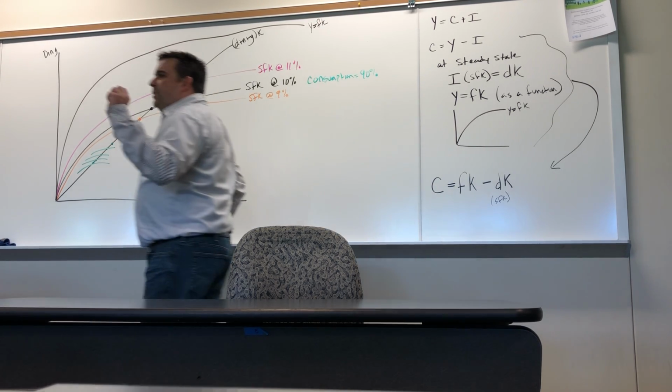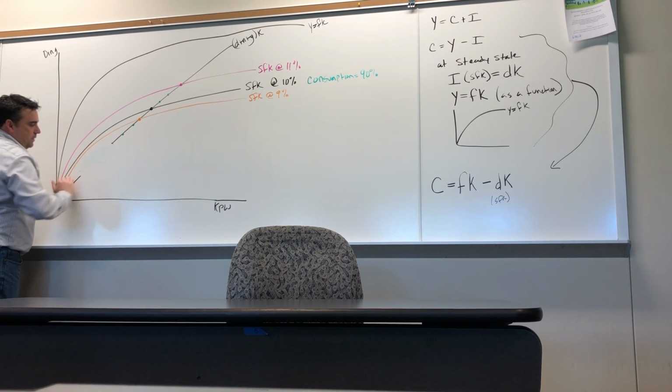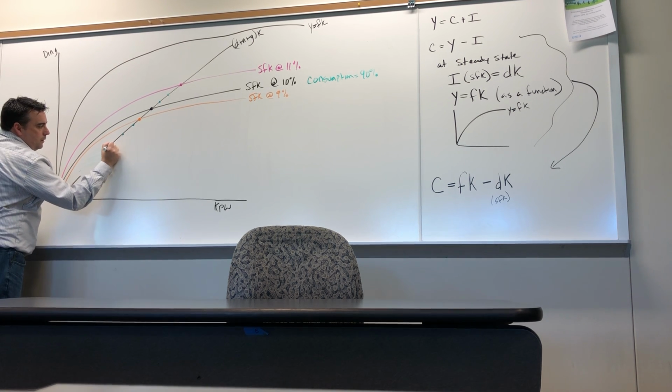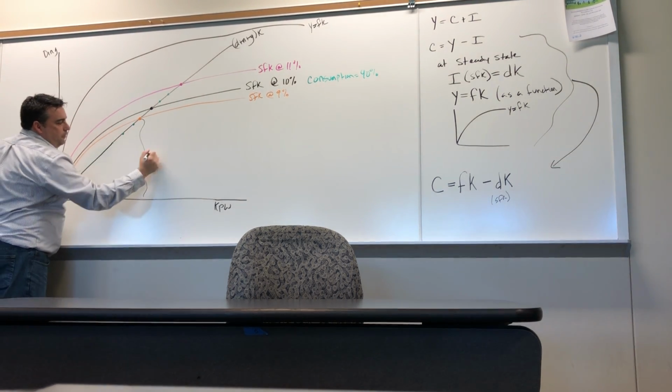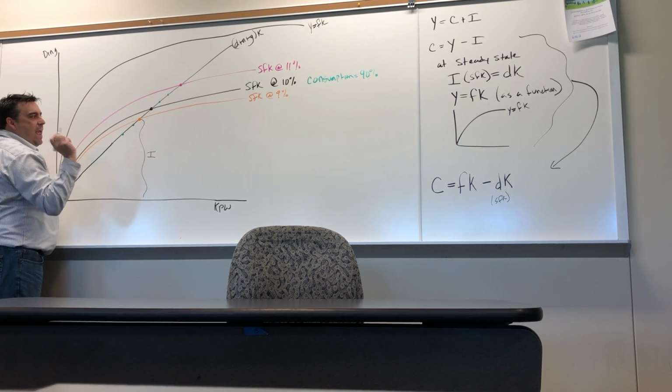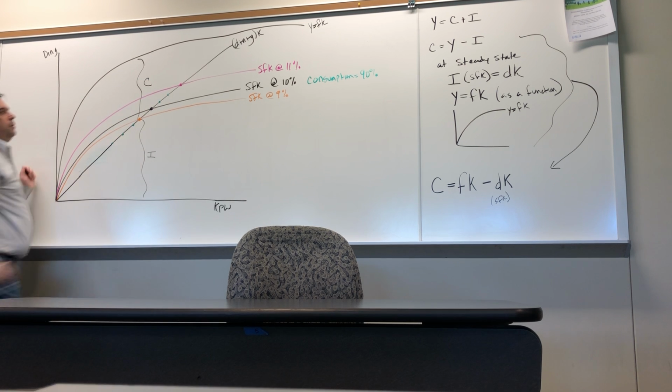Which means that at every single steady state, we can determine consumption. Because at each and every steady state, I kind of wish I wouldn't have done these little green ones, sorry. It's okay. At every single steady state, we have a value for investment and a value for consumption.